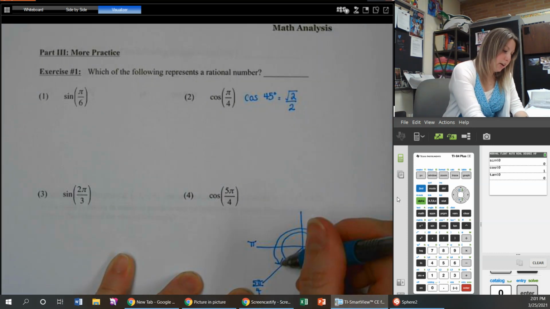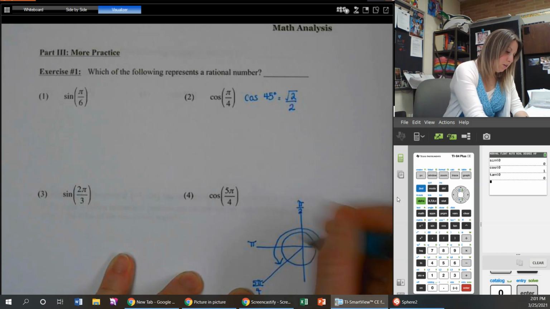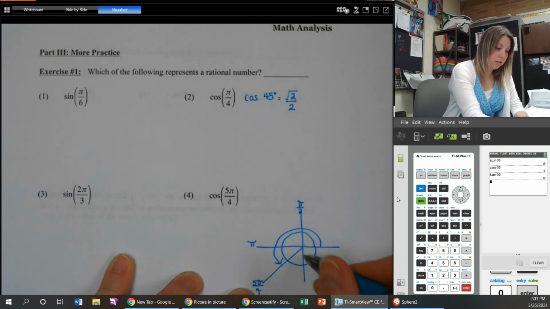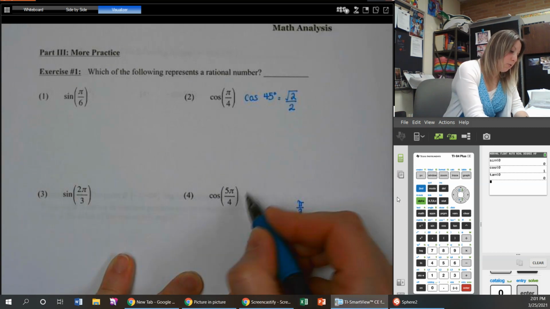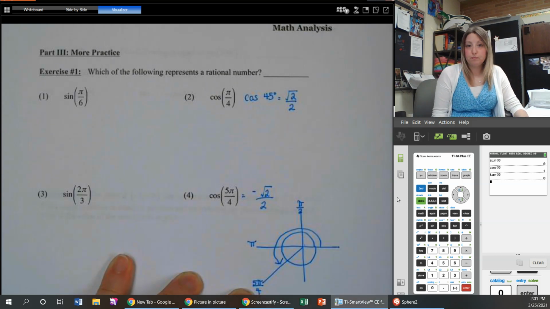So we're right here, because this is pi over 2, 3 pi over 4, pi over 4, right? So think of it that way. I know I'm in quadrant 3, so I know that this is going to be negative anyway, because it's cosine, it's negative, but it's negative radical 2 over 2.